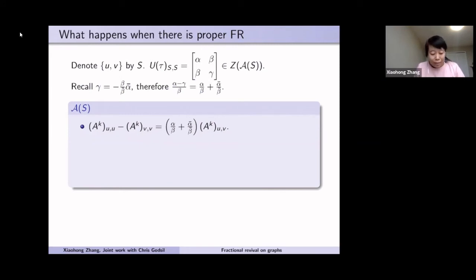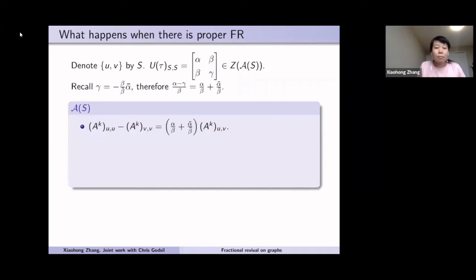In particular, if this scalar is 0, we do have cospectrality between the two vertices. So it looks like a generalization of cospectrality. And it is 0 if gamma is equal to alpha.